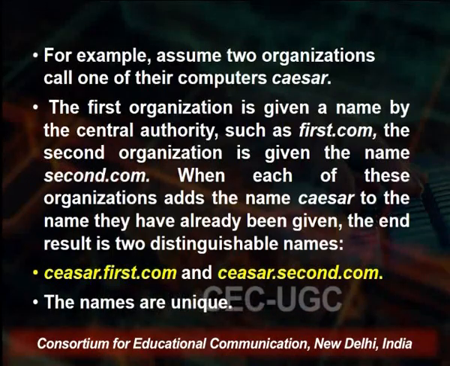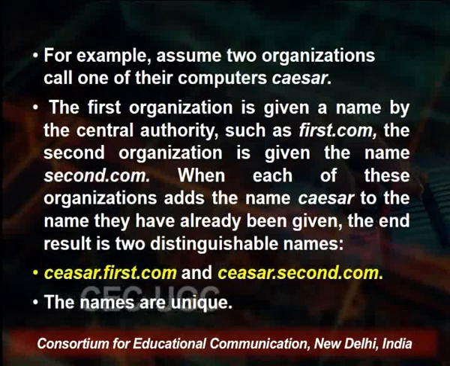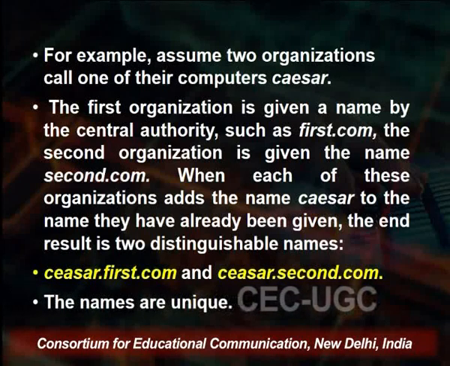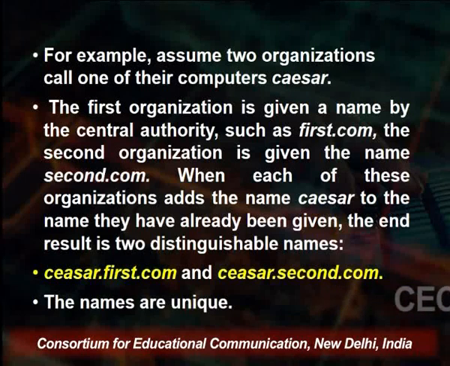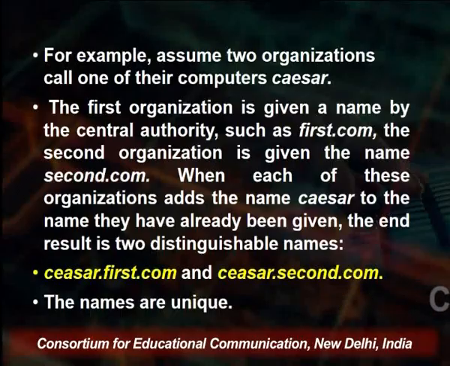For example, say there are two organizations, and both have a computer called CEC. The first organization is given a name by the central authority, say first.com, and the second organization's name is second.com. Each of these organizations will add the name CEC to the name given by the centralized authority.